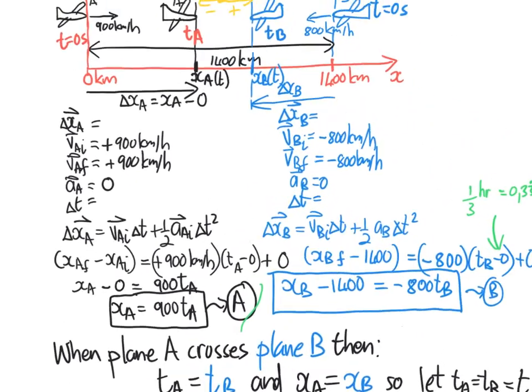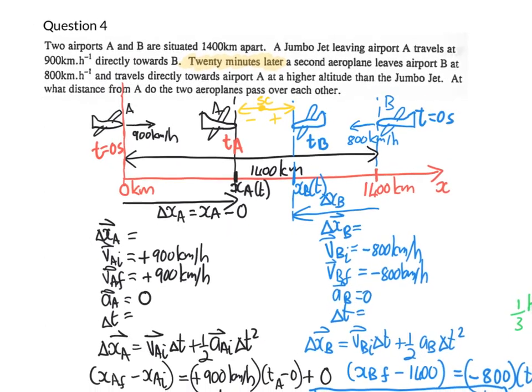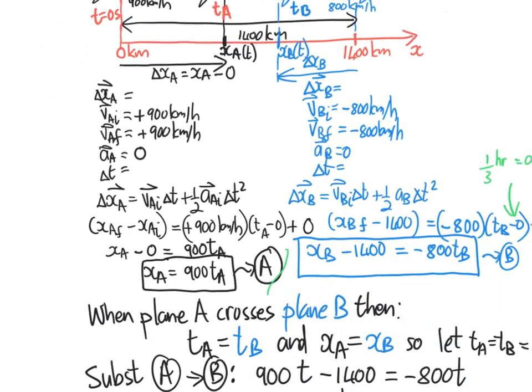And where x equals 0 is where airport A is. Looking at the question, at what distance from A do the two aeroplanes pass over each other? Well, it's the x value of A when they cross, and we've worked that out from airport A.